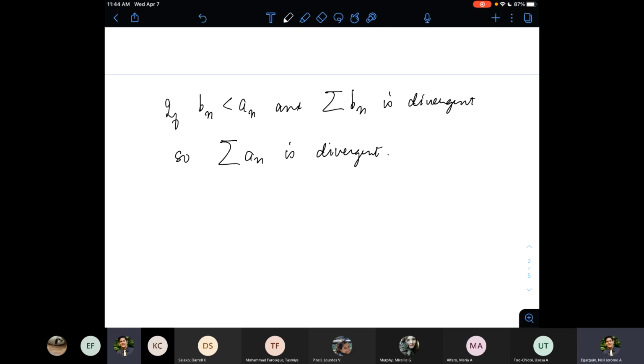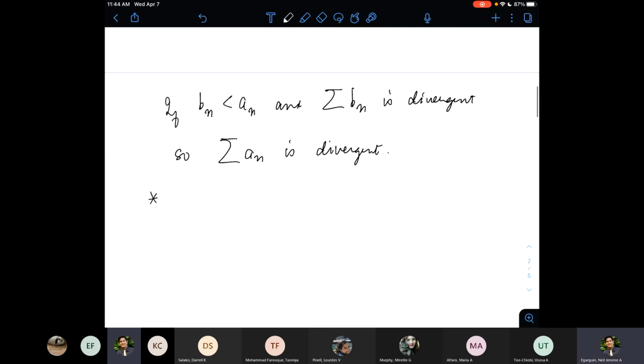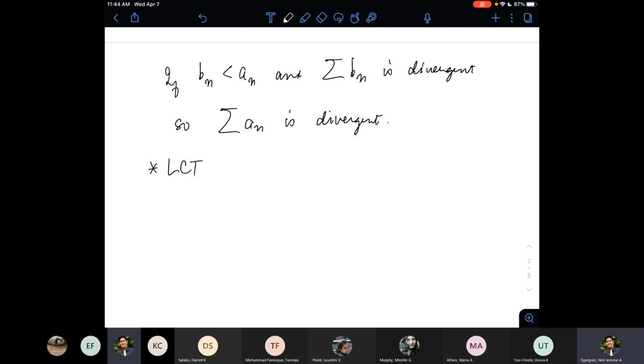Now another version of the comparison test is the limit comparison test, wherein we need to take the limit of An over Bn.